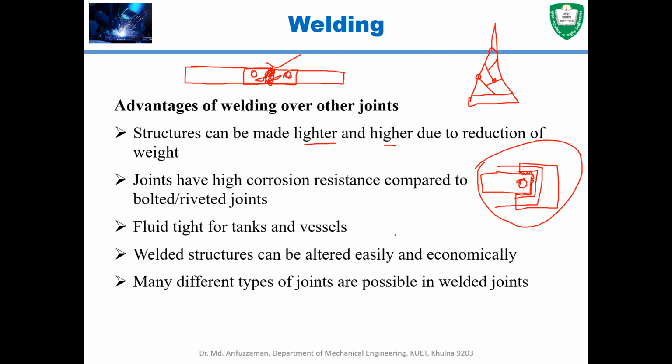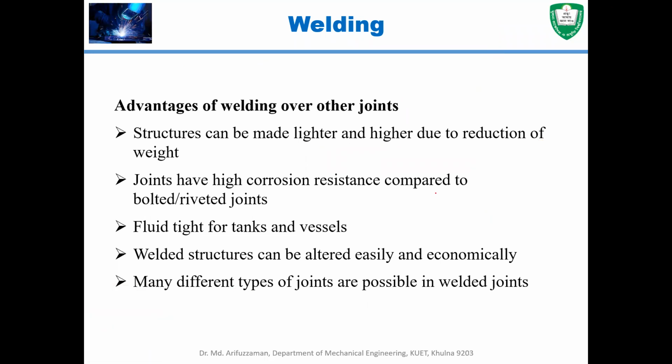Do you have any questions here? Sir, how does the structure become lighter due to the welding system? Okay, this was the example here. If you look at this example, let's say you have two metal pieces, you need to join them together in this location. Then you weld in this location, and the metals are joined.